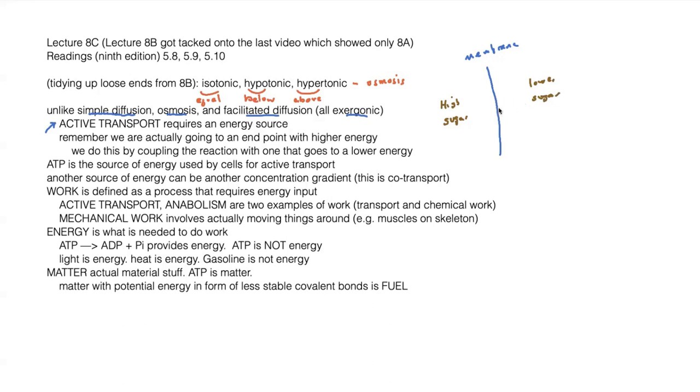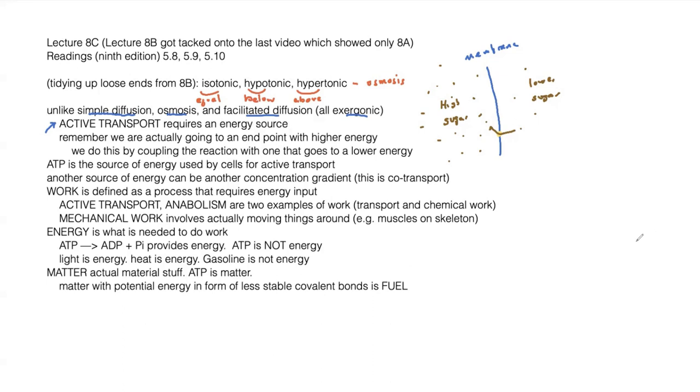And if we're actually moving the sugars, I've drawn it deliberately so the sugar molecules are at a lower concentration on the right, higher concentration on the left. If we're moving the sugars through some type of membrane protein, right? A sugar molecule out here can be scooted into the cell.